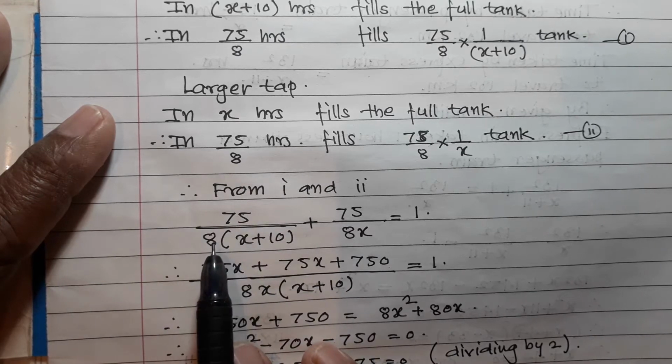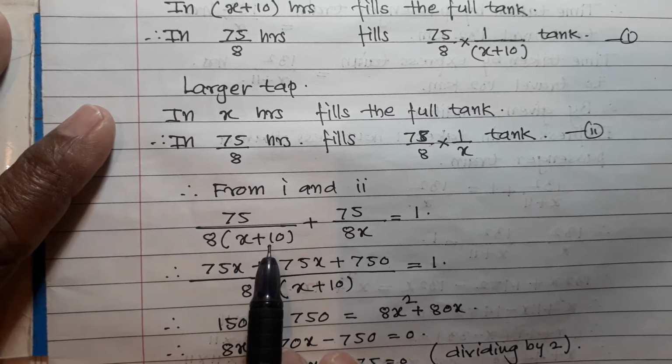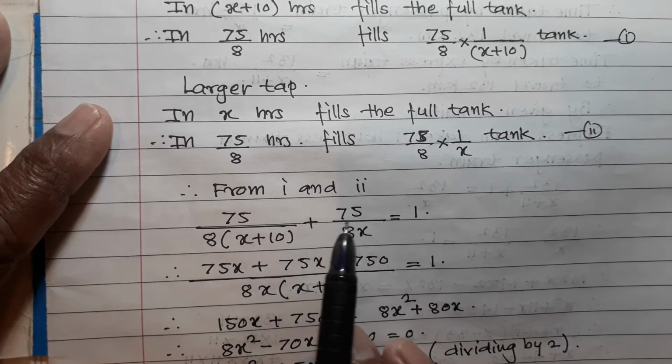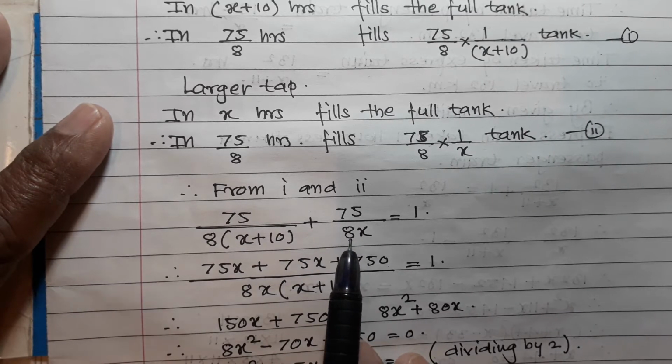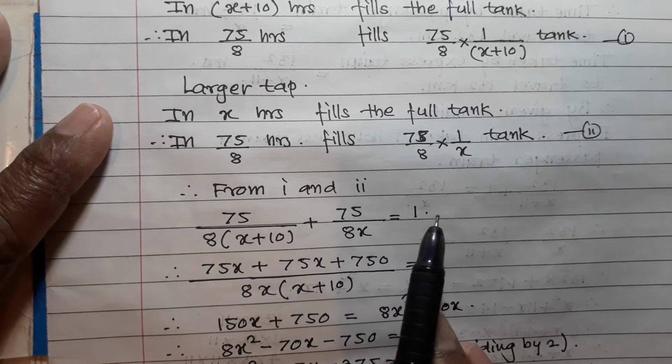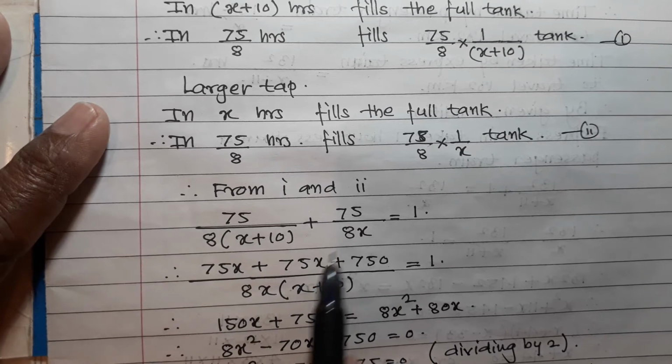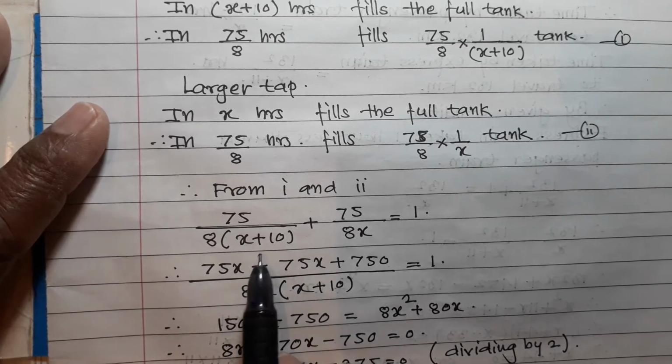75 upon 8 into x plus 10 plus 75 upon 8x is equal to 1. Now simplify this, and therefore equalize the denominator.